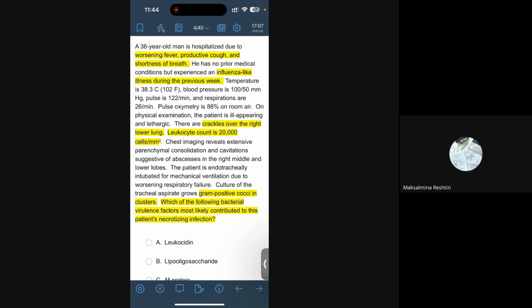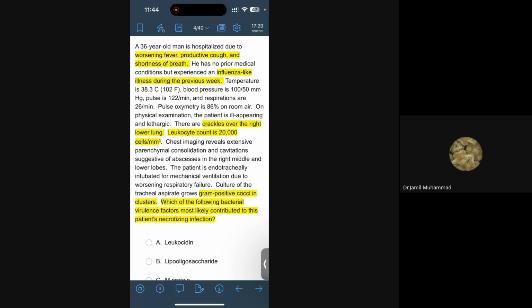So what is the diagnosis here? What is happening in this patient? Pneumonia. The patient has pneumonia. Can you tell me the names of the infections we get after influenza, which can cause pneumonia?